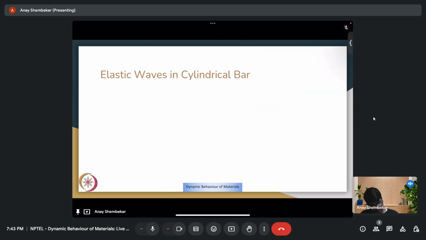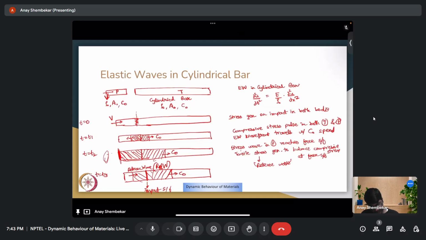And what we can also see from this is, at t equal to t2, this whole section forms my wavelength. There is a release wave coming from back with the same speed c naught, and then there was the original wave after impact going into the right hand side of the material.